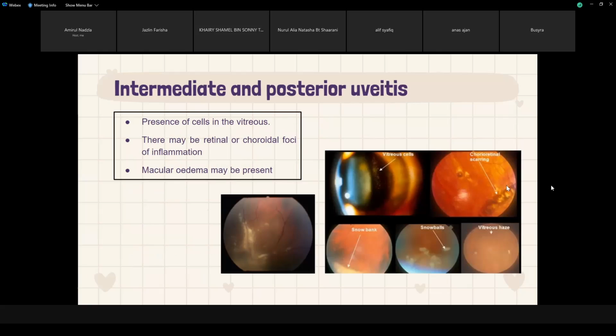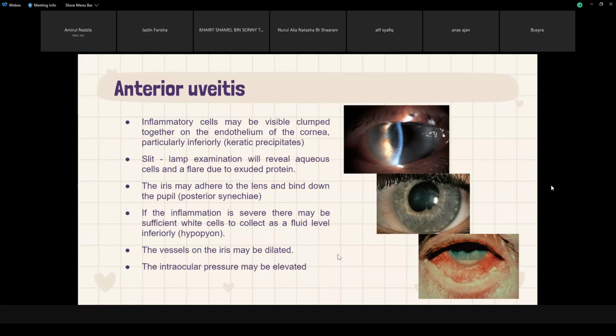Okay. Next is for the hypopion. The last picture is showing hypopion, which is the white cells which collected to form a fluid level inferiorly. Mana?